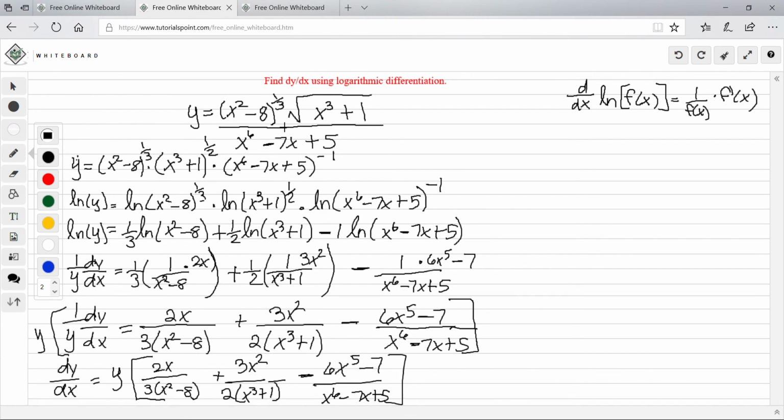Okay, so in the final answer, wherever you see our y, we just plug in this long thing for our y. So our final answer should be something like this.